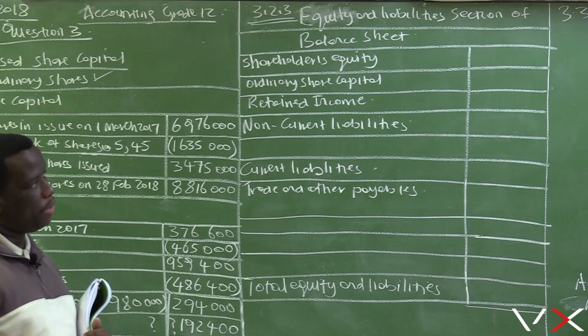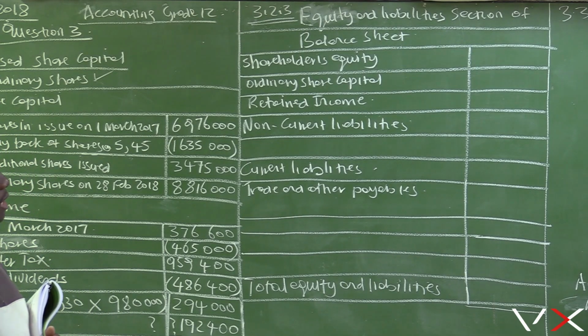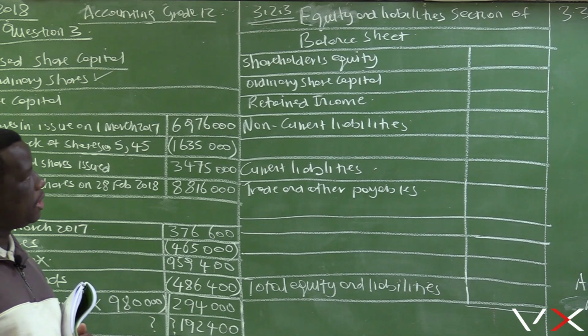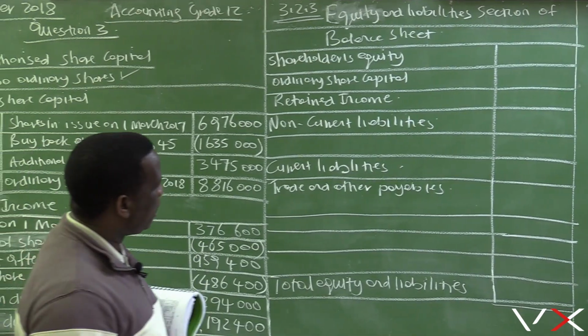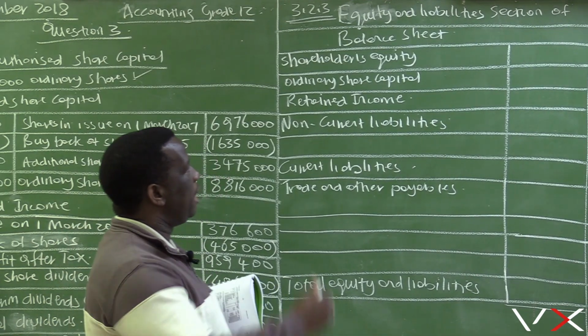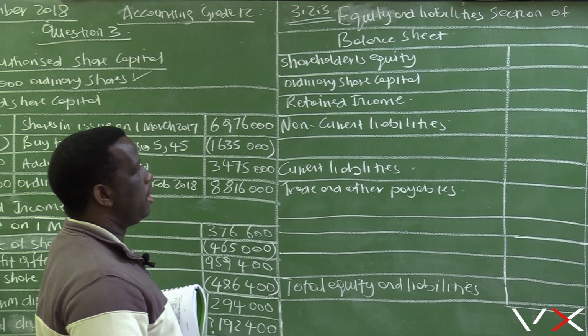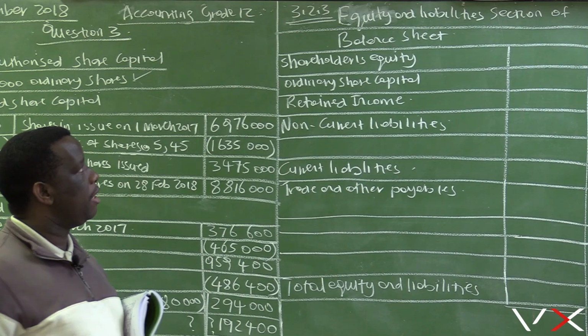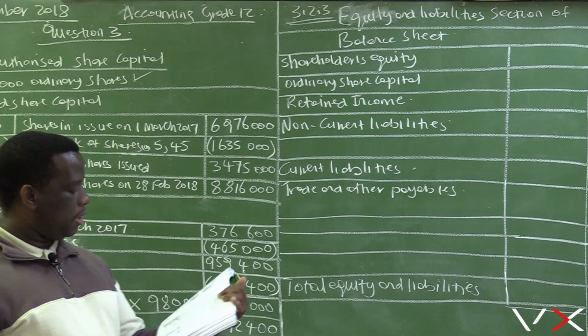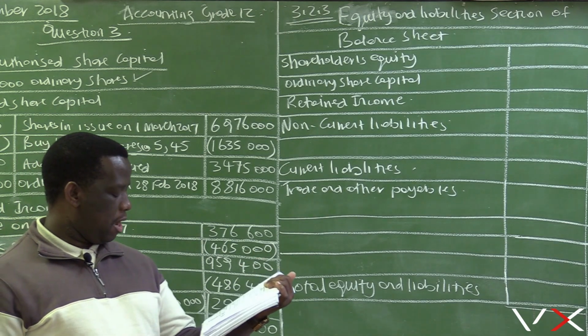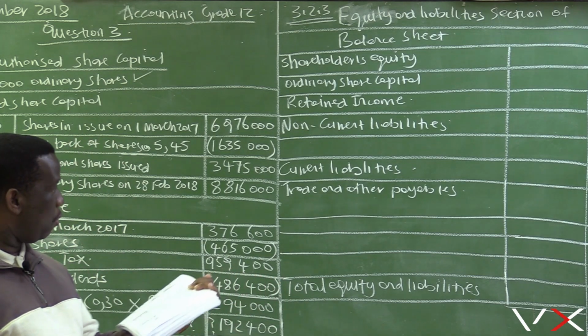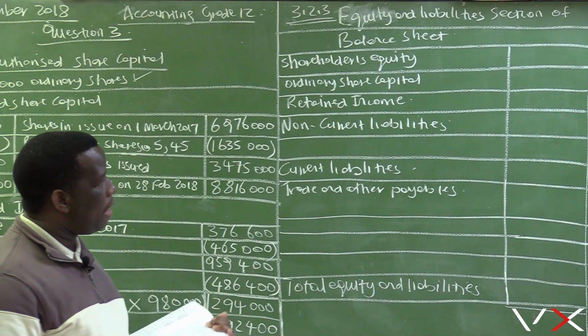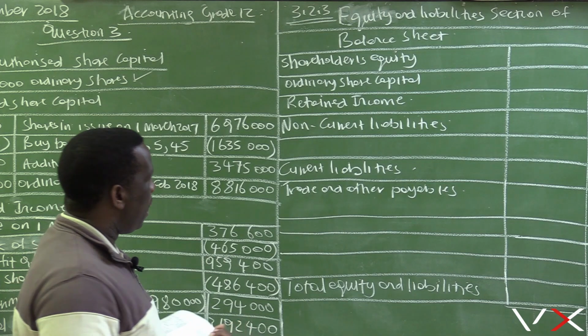The shareholders' equity, it is very important to know the structure of the balance sheet, but this one is an incomplete balance sheet. It's only the equity and liabilities section. I hope the students are aware that there is also an asset section of the balance sheet, but this question required that the candidates needed only to do the equity and liabilities section of the balance sheet.